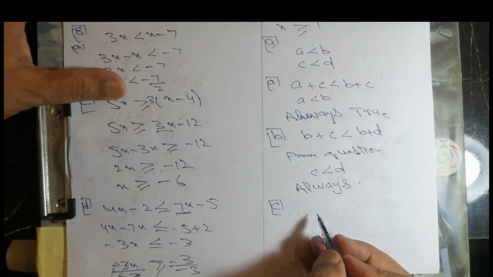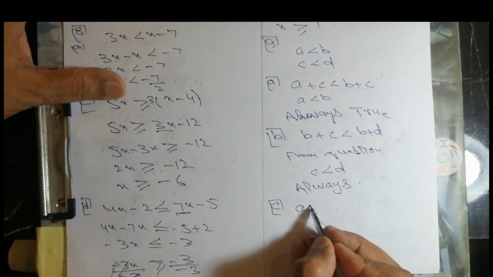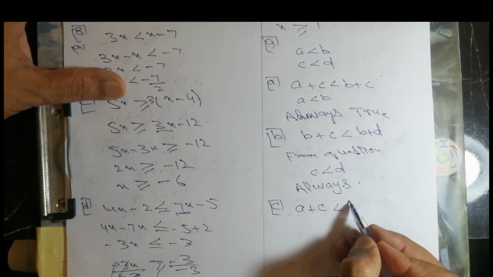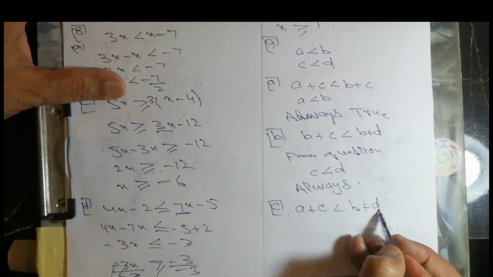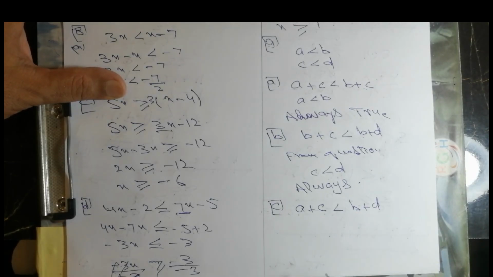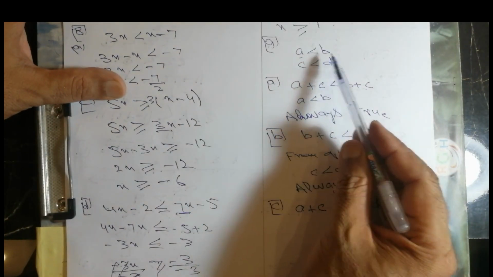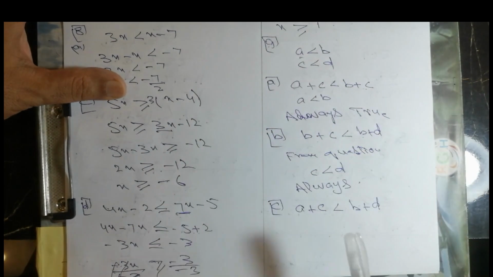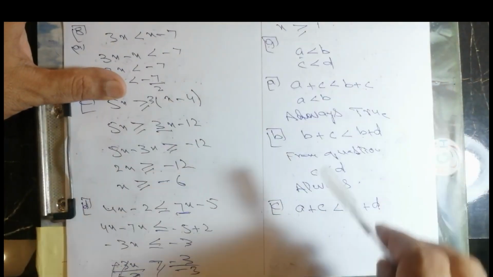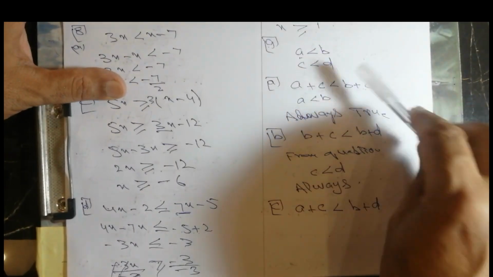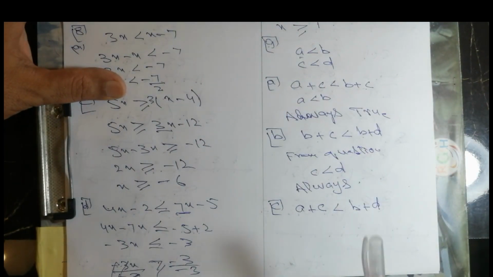Part C is A plus C less than B plus D. So if A less than B and C less than D, here both smaller numbers are on one side, and B, D, both bigger numbers, are on the right side, and these are on the left side.